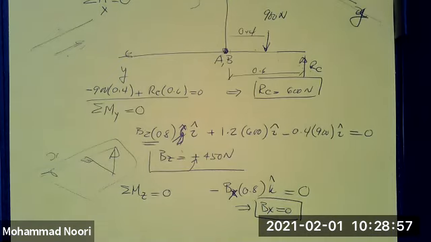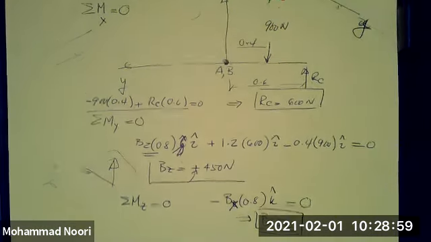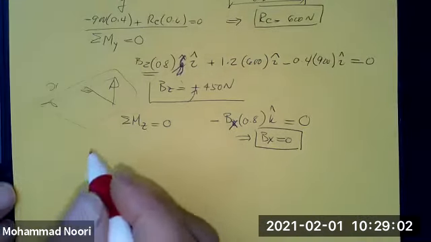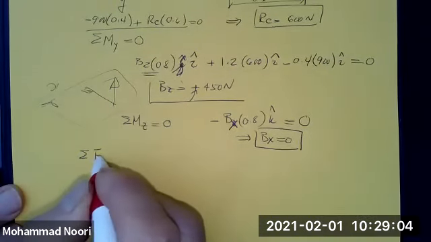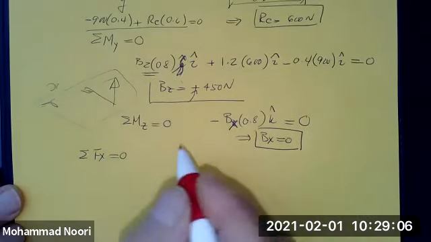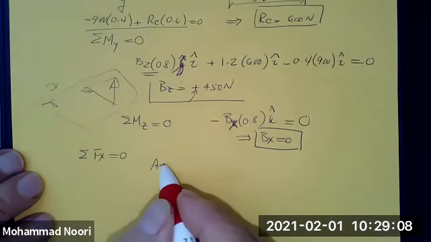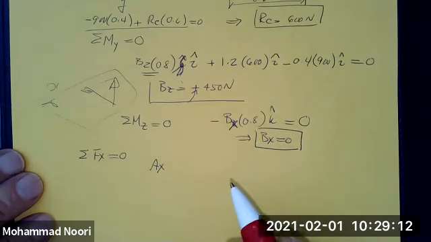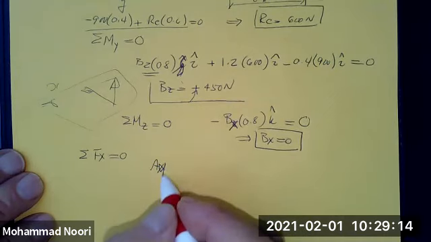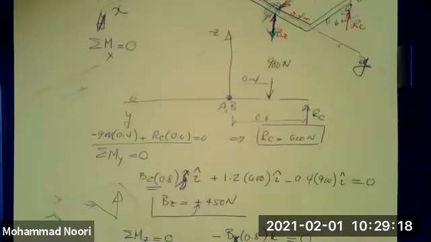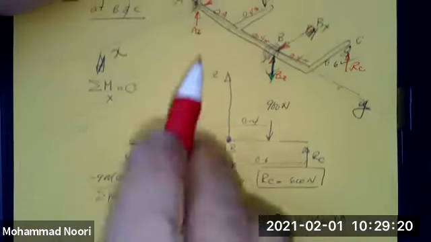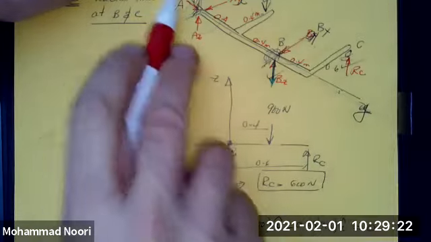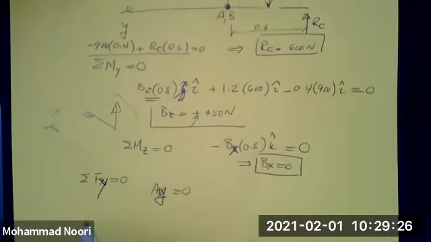Now, if you want to find AX, AY, and AZ, that's easy. You just write the summation of forces along Y equal to 0. AY is the only force in this direction, so AY would be 0.